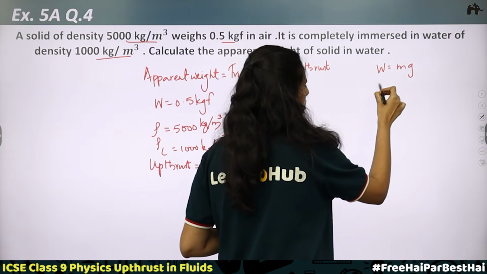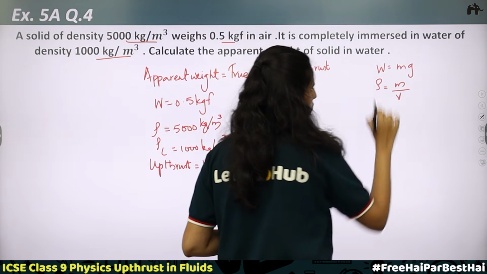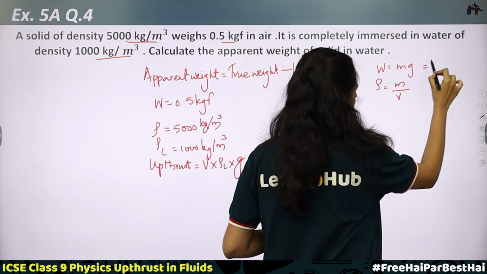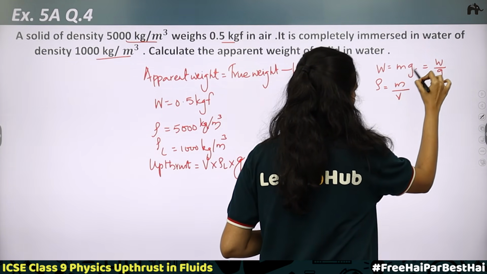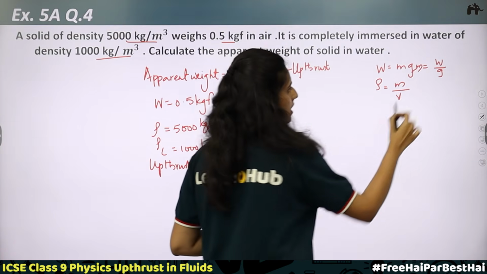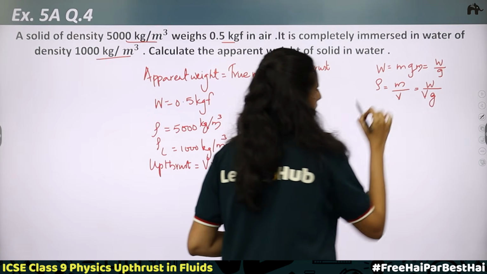What about density? Density is equal to mass by volume. From this we have mass is equal to W by g. So rho is equal to W by Vg.